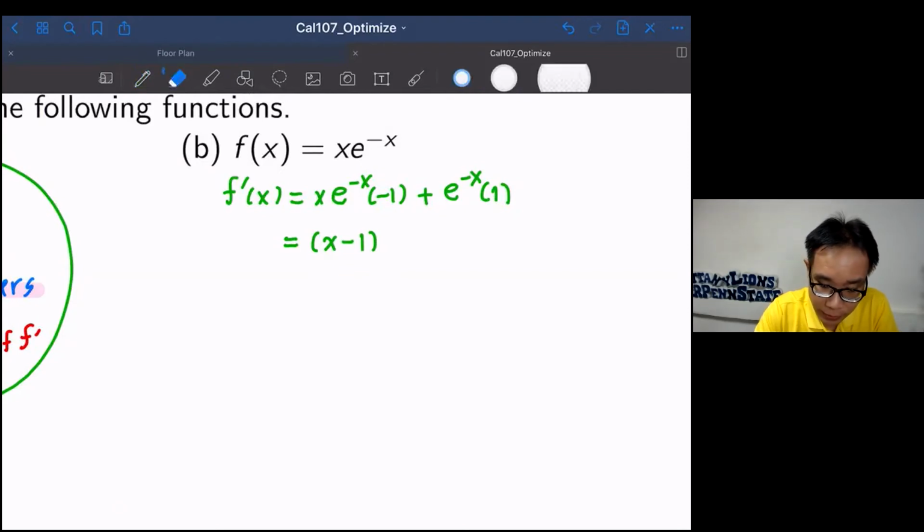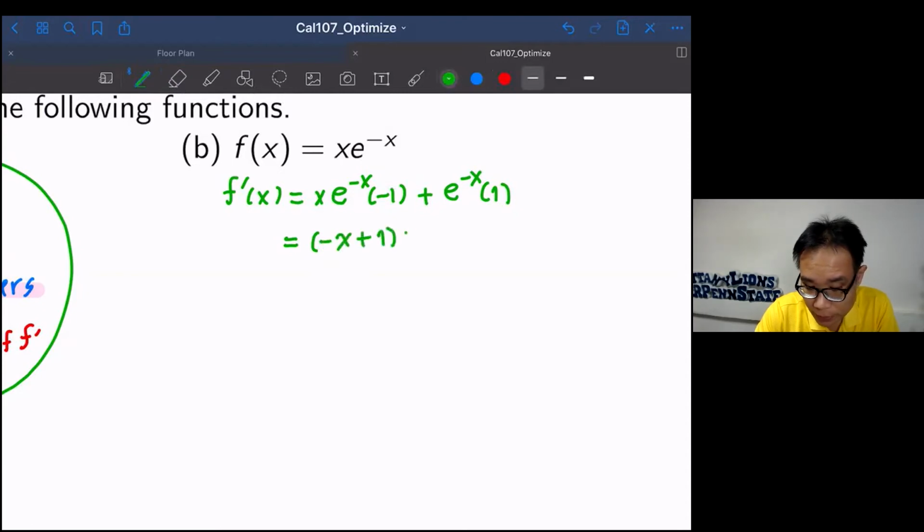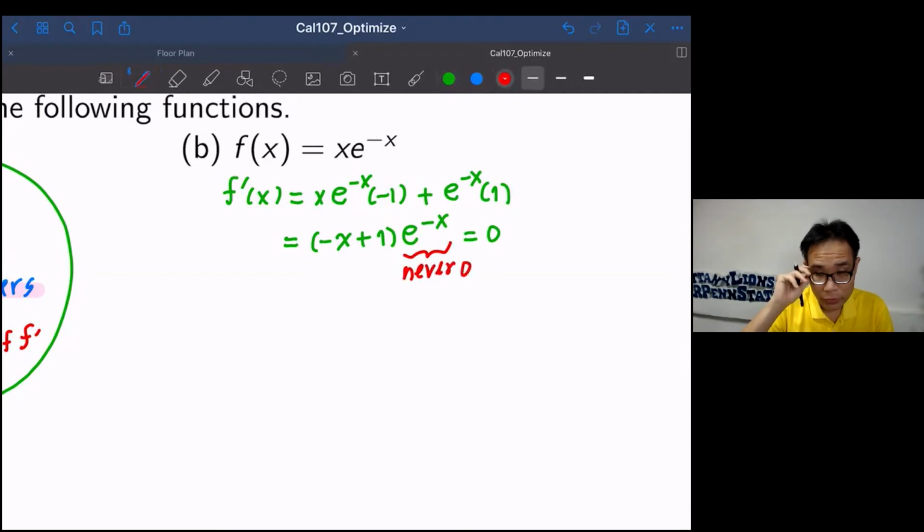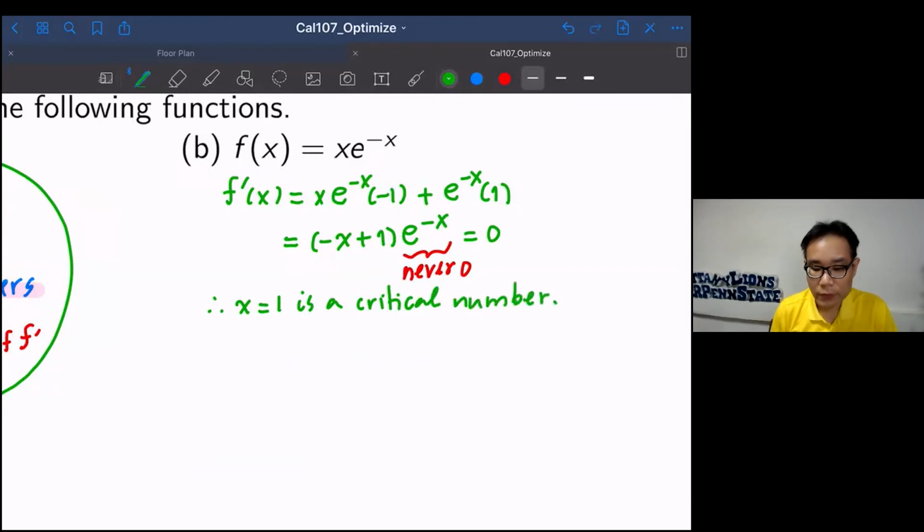So it's going to be negative x plus 1, sorry, times e to the negative x. You have this equal to 0, and e to the negative x is never 0. So you just have x equal to 1 for the critical number.